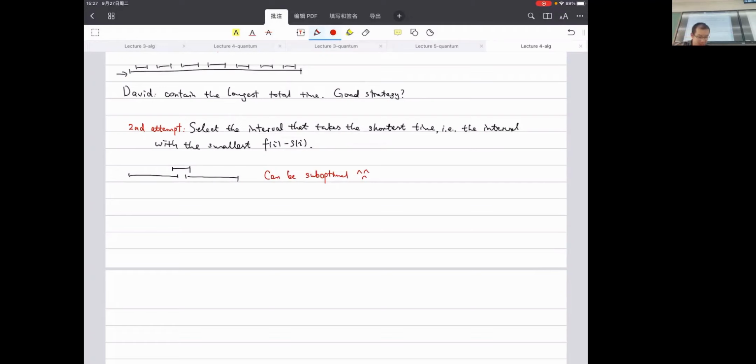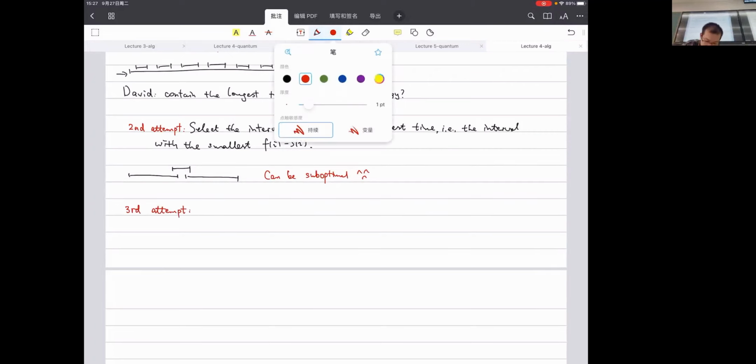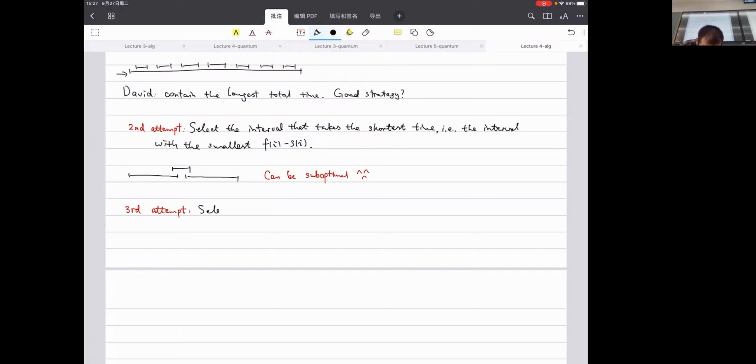So maybe the third attempt we want to think about is to select the interval that gives the fewest conflicts. So is this a good strategy?